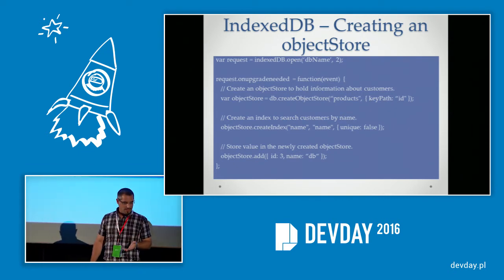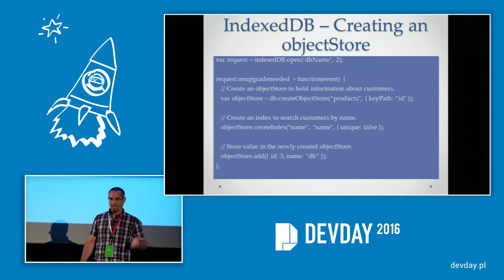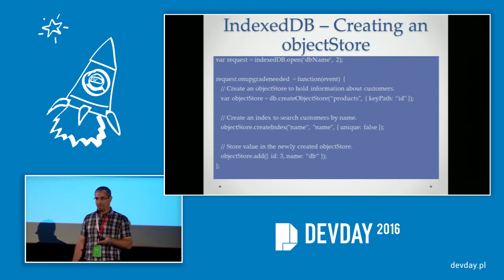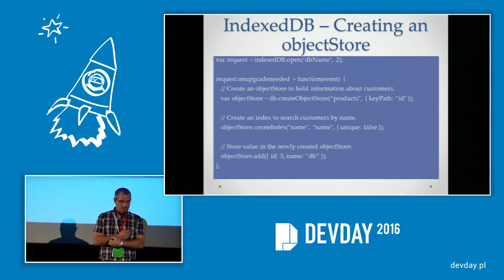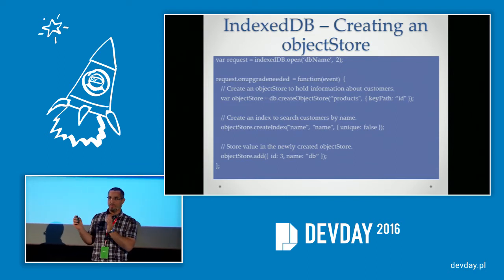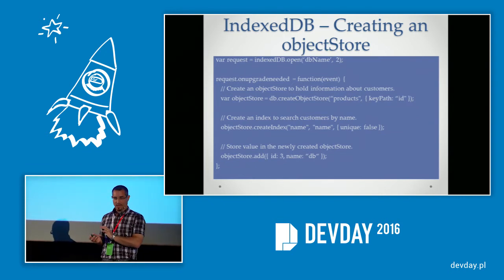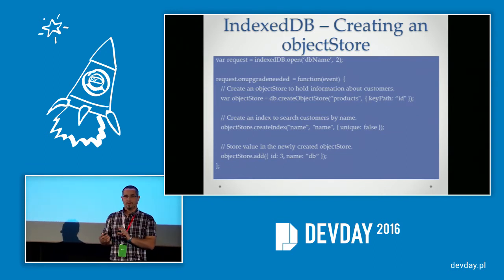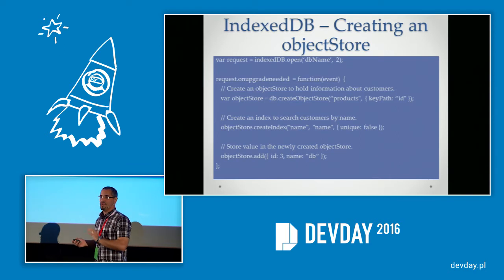Once you request to create the object store, you can do things with that object store. For example, you can create an index. What is an index? I give the index some name, then the property of the object that I'm going to use as the index, and whether it's unique or not. This is a constraint that I can give for each and every index.